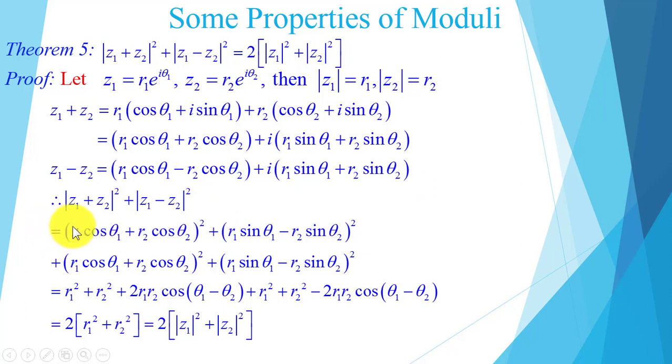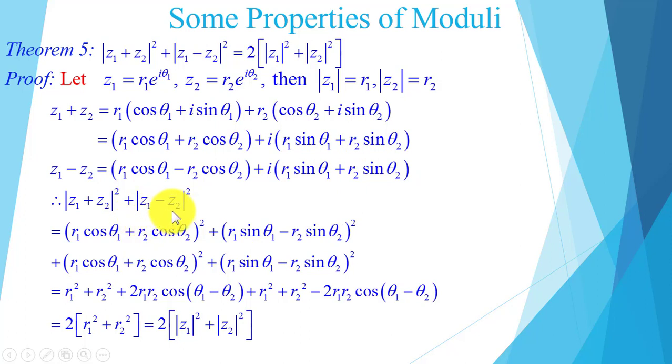Therefore, modulus z1 plus z2 whole square plus modulus z1 minus z2 whole square is equal to (r1 cos theta 1 plus r2 cos theta 2) whole square plus (r1 sin theta 1 plus r2 sin theta 2) whole square, because z1 plus z2 is equal to this, so its modulus square is equal to real part square plus imaginary part square.